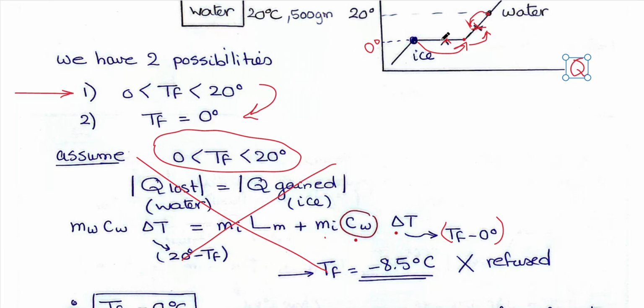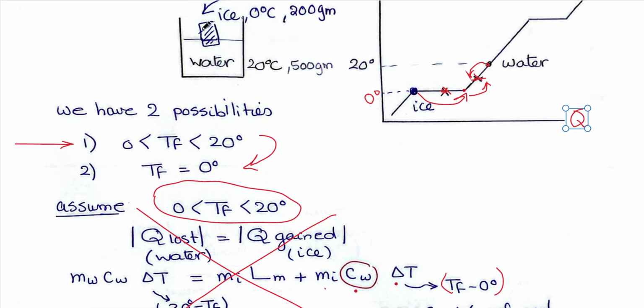T final is 0. What is the meaning of the final temperature being 0? It means that when we put the ice in the water, not all the ice melted, but part of the ice melts till reaching thermal equilibrium, as if you are putting 4 pieces of ice in a glass of water.